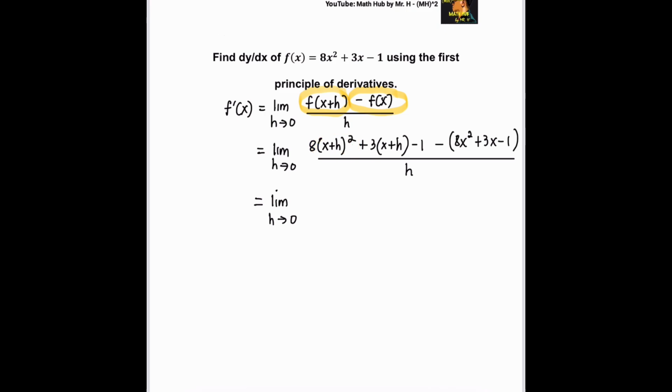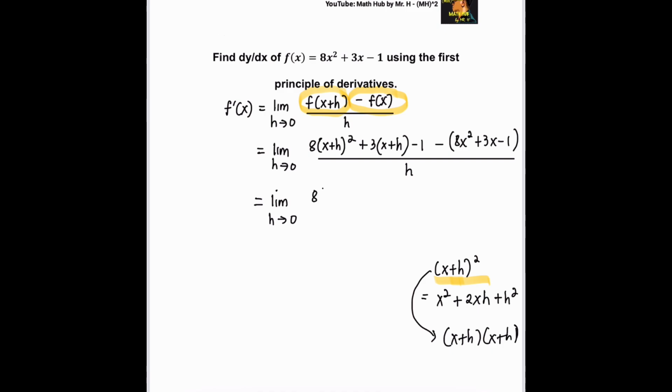All right, so let me write something here. Quantity x plus h squared can be expanded as x squared plus 2xh plus h squared. You can also apply the distributive property or FOIL method. So you'll have x plus h times x plus h.